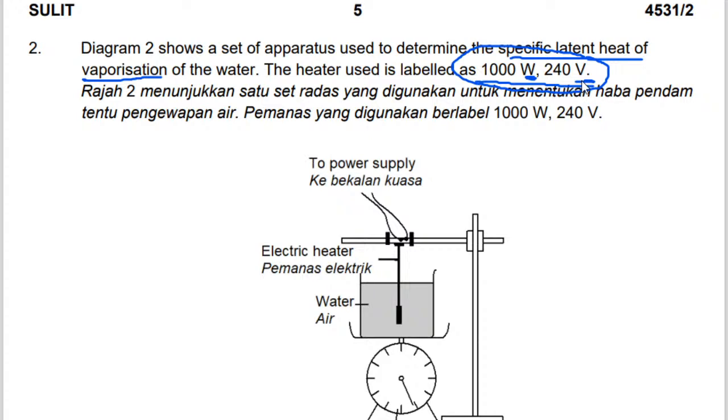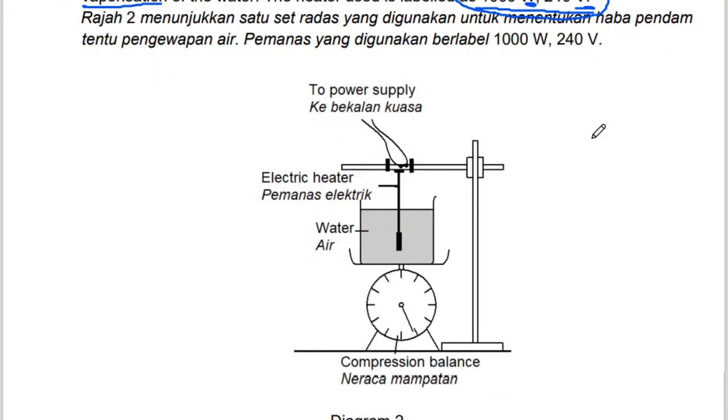Consume 1000 joule every second when connected to 240 power supply. Ada lagi? Now when you want to write joule, make sure you use capital J. If you write small j, confirm they will reject your answer. Because the symbol for joule, J, should be capital J, not small j. Energy every 1 second if it is connected to 240 power supply.